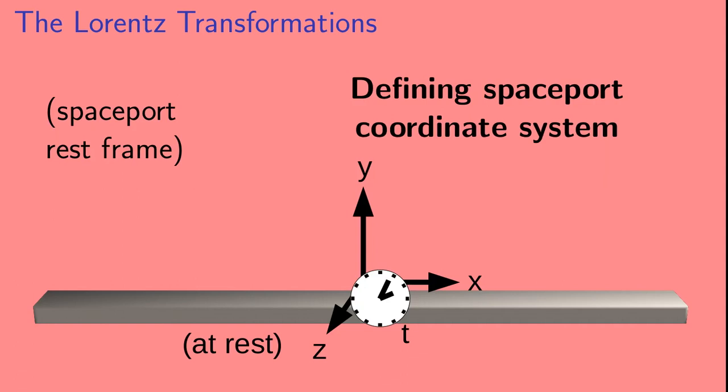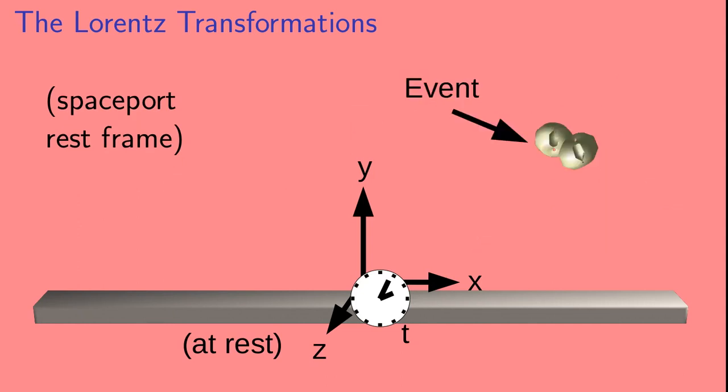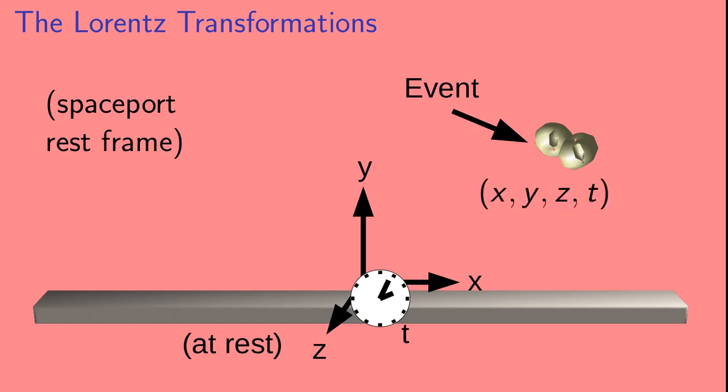They also have a clock. They will use this clock to measure the time coordinate t. Both the coordinate axes and the clock are at rest in the spaceport frame. So, the observers stationed on the spaceport would describe the time and location of the event with the coordinates x, y, z, and t.